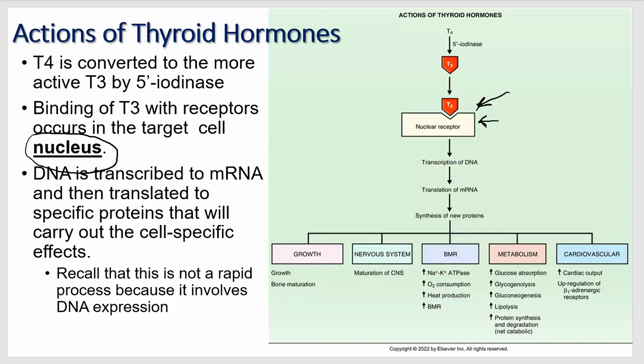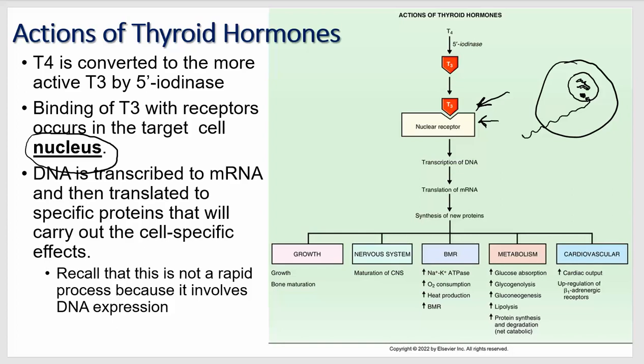So a nuclear receptor, remember the cell has its nucleus, and in the nucleus is the DNA. Remember that? And so in the nucleus, that's where the receptor is. So the thyroid hormone is just moving right into the nucleus and binding to the receptor.